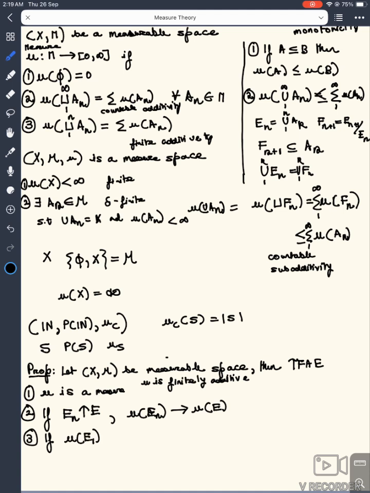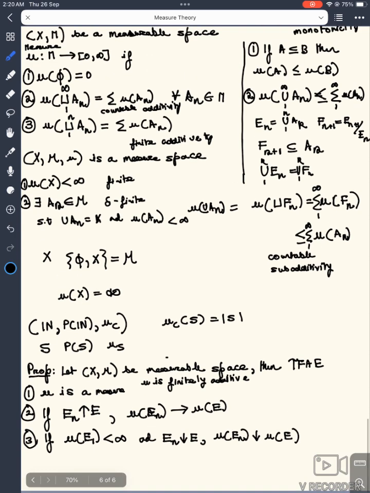And the third is, this won't imply 1: if mu of E_1 is finite, and E_n is a decreasing chain with intersection E, then mu of E_n converges to mu of E. It's a decreasing sequence, so it converges somewhere, either infinity or somewhere.